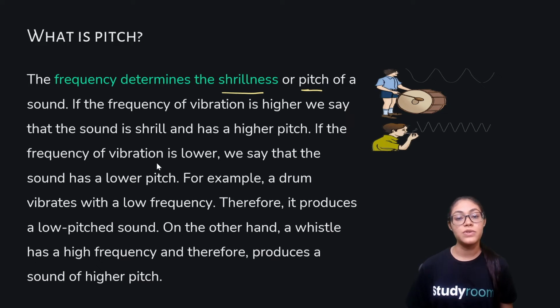If the frequency of vibration is lower, we say that the sound has a lower pitch. For example, we see in the case of a drum, the drum vibrates in a low pitched sound. That means it has low frequency and therefore a low pitched sound. But on the other hand, if you blow a whistle, it has a high frequency. That's why it has a higher pitch. Clear?